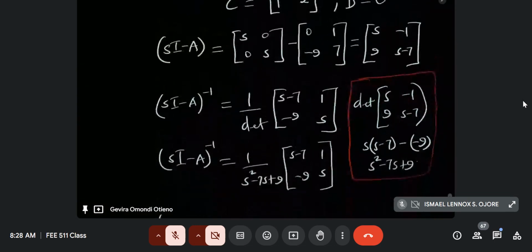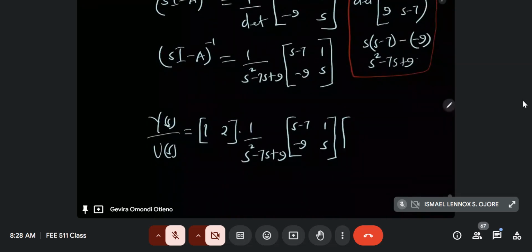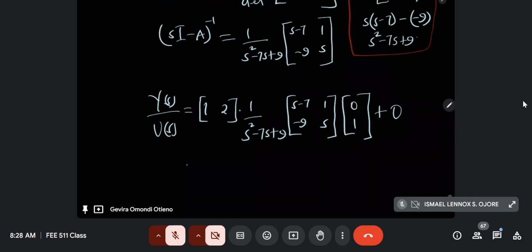B is 0, 1. So here we have 0, 1. Of course, plus 0, because D is 0. Okay, so what that therefore means is we have Y over S, U over S to be equal to, because this term is a constant, I can bring it down here, 1 over S squared minus 7S plus 9.